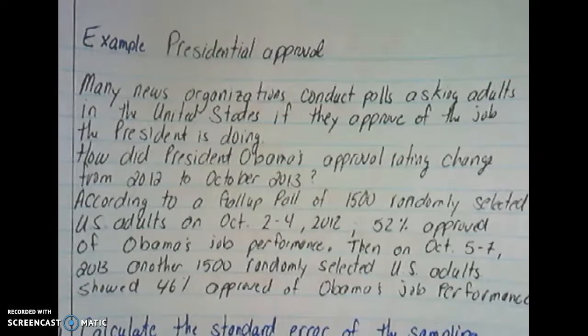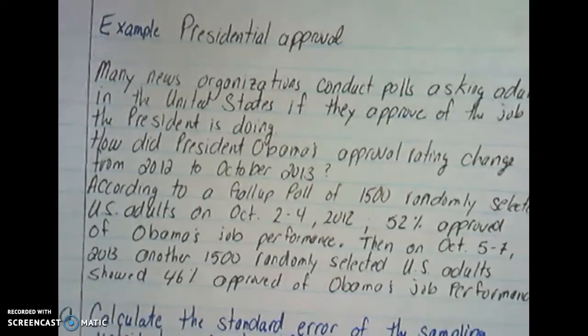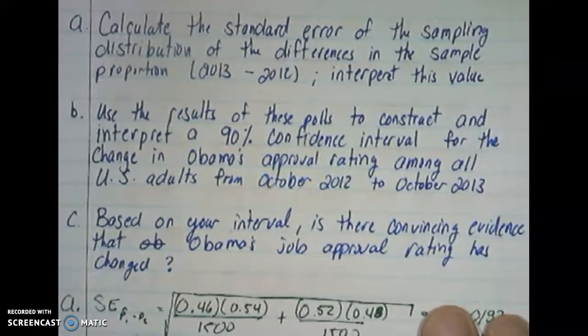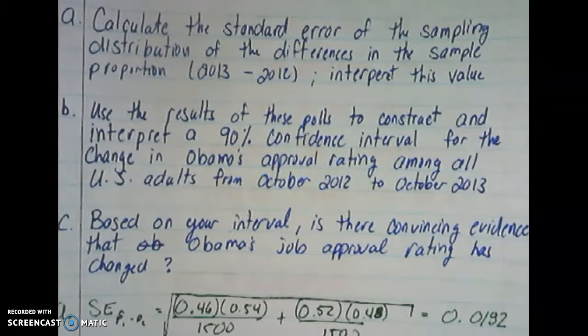So we are to calculate the standard error of the sampling distribution of the difference in the sample proportions, 2013 minus 2012, and that's important. We've got to remember that, and we're going to interpret this value.